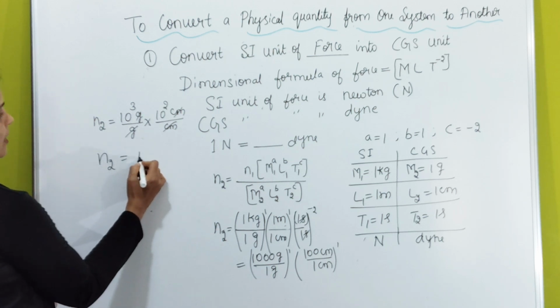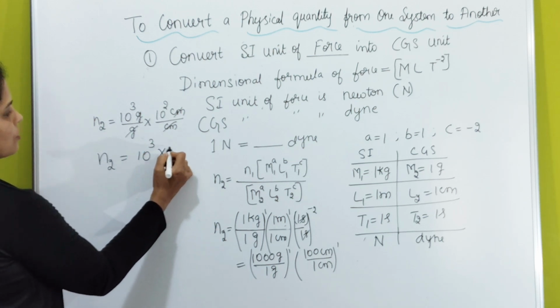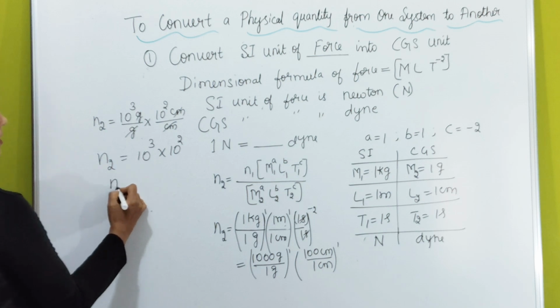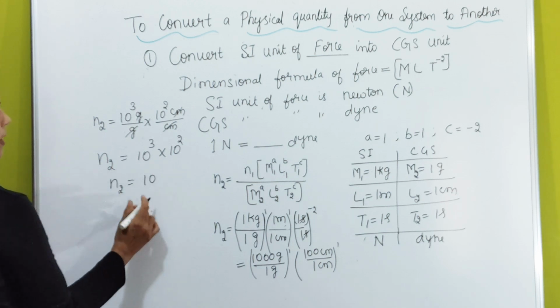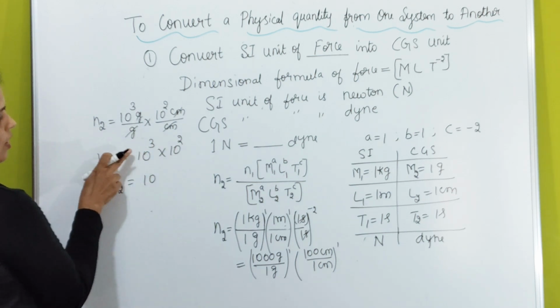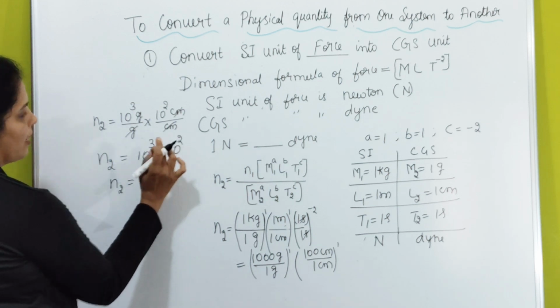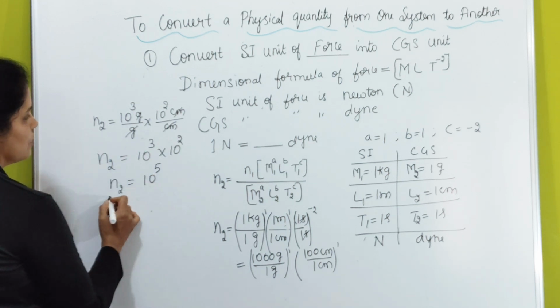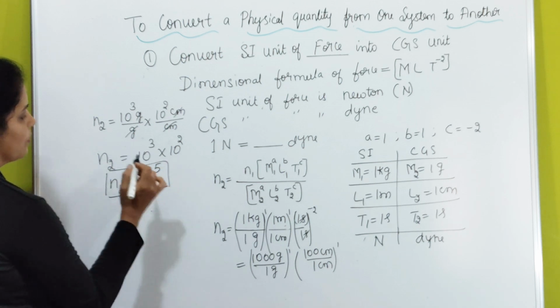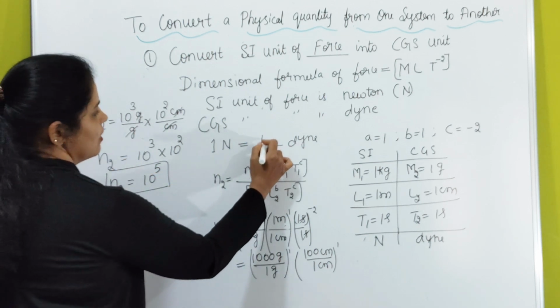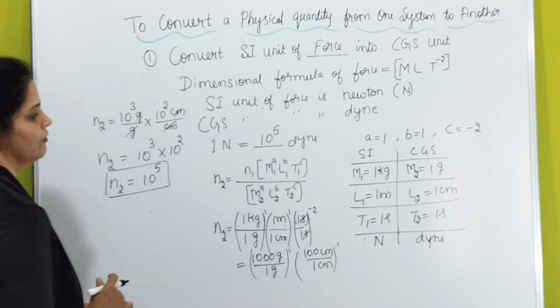Therefore N2 is 10 to the power 3 into 10 to the power 2, that is 10 to the power 3 plus 2. If the base is the same, add the powers. 3 plus 2 is 5. So the answer is N2 equal to 10 power 5.